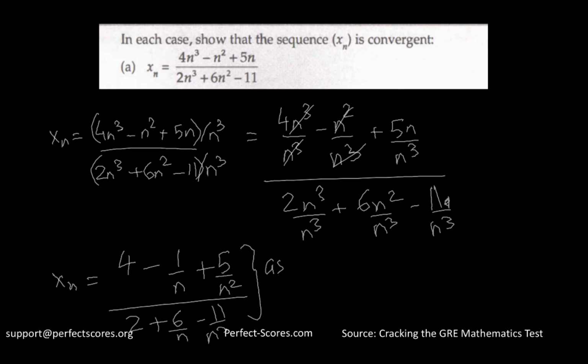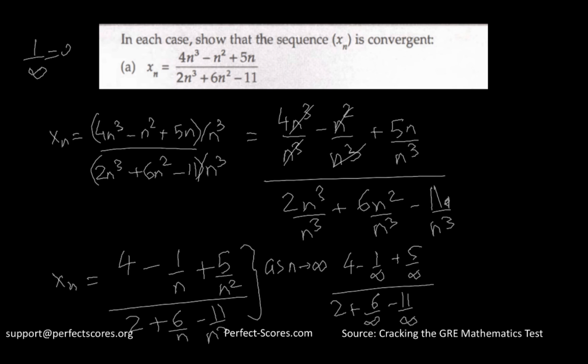Now as n approaches infinity, this becomes 4 minus 1 over infinity plus 5 over infinity square, divided by 2 plus 6 over infinity minus 11 over infinity. Anything over infinity is 0, so each of those terms is 0, and we're just left with 4 by 2. That means this converges to 2. Very easy, I hope you got that, guys. Let's move on to the next one.